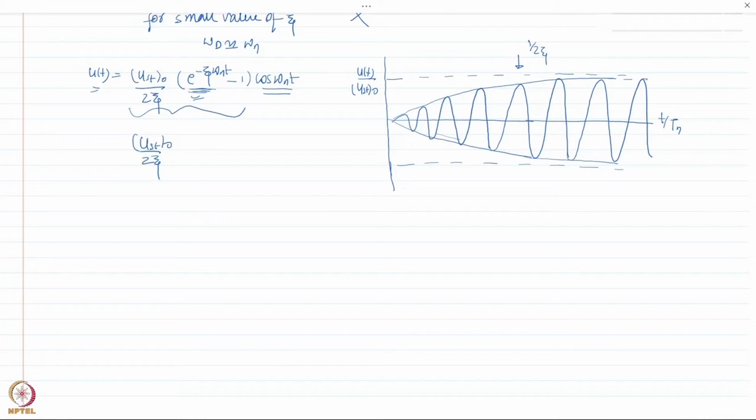Instead, the maximum value of u(t) in this case is u_st0 by 2 zeta, and as you can see, it is very sensitive to the value of damping. If the damping is very small, bordering on an undamped system, let us say 0.01, this u(t) would be very high. But if the damping is some reasonable value, let us say 5% or 10%, the response would still be bounded.